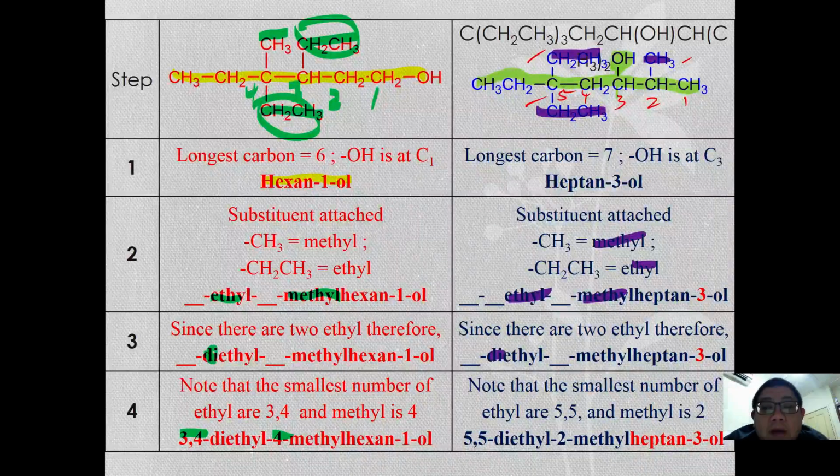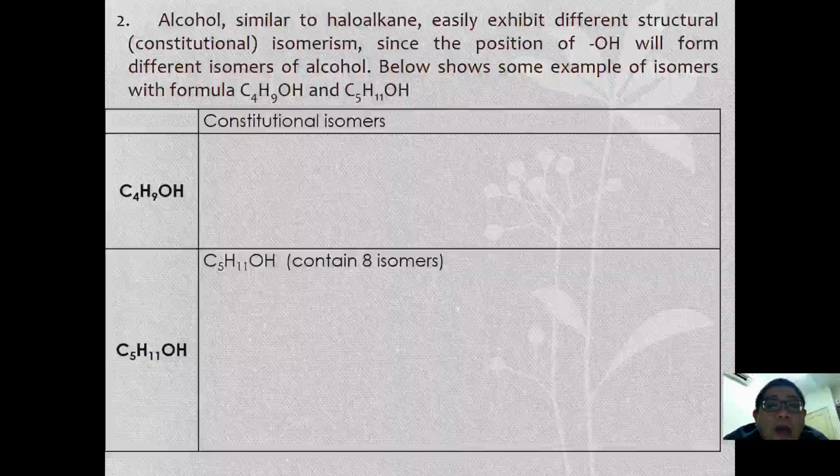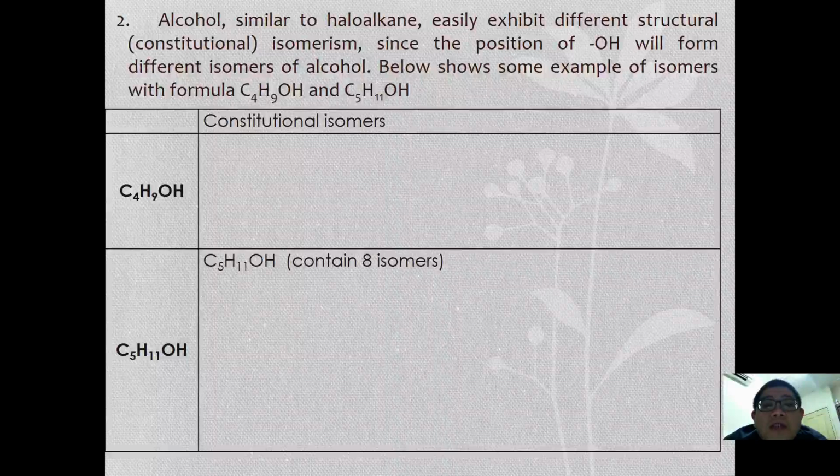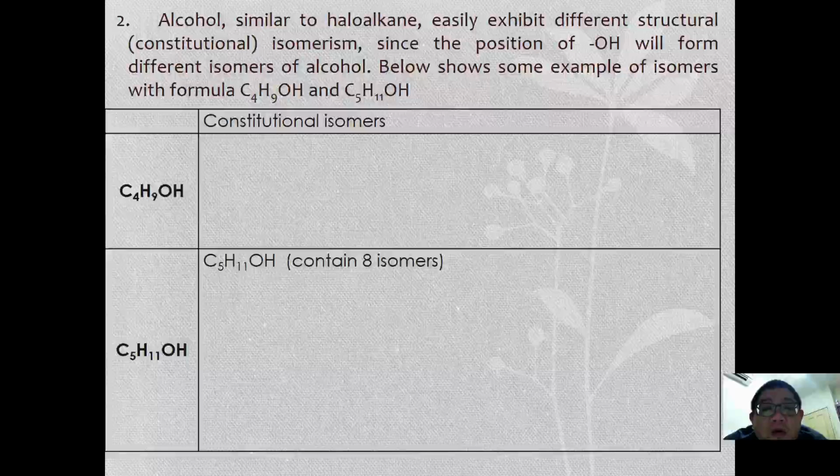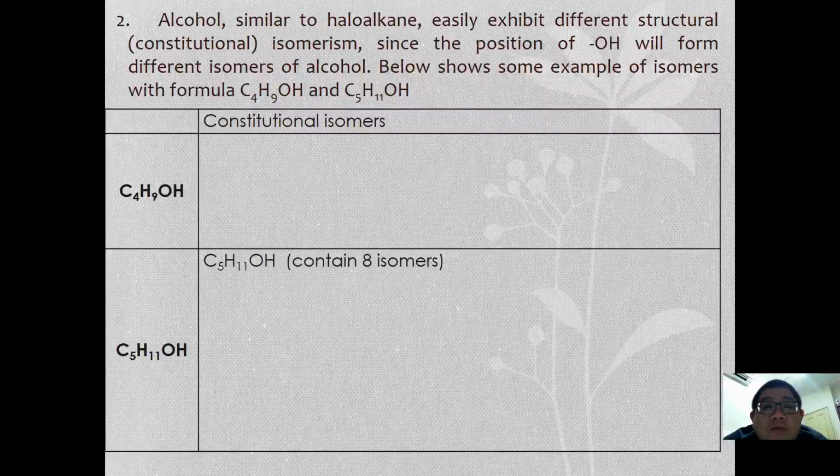Okay, finishing the nomenclature, we are going to have a look at isomerism of alcohol. Alcohol, similar to haloalkane, easily exhibits structural or constitutional isomerism, since the position of the OH forms different isomers of alcohol. Below are some examples of the isomers with the formulas C4H9OH and C5H11OH.